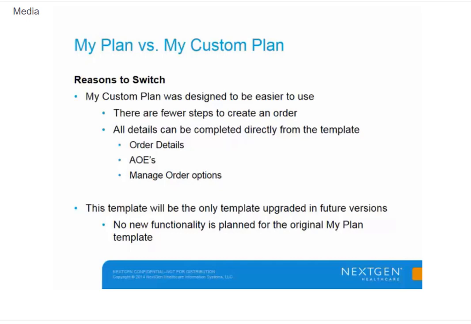There are fewer steps to create that order, especially when you use the order set plan type, where you can create the entire order at one time. All the details can be completed directly from the template, like the order details of time frame and site. Plus you have AOE questions, and you can manage the order options for things like referral information.